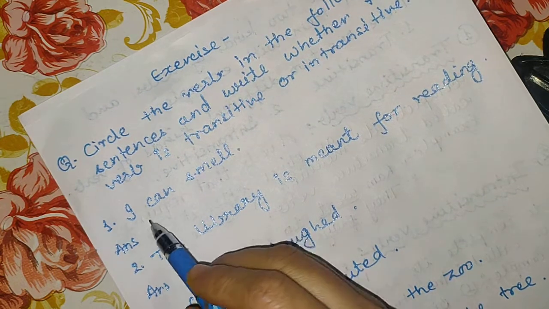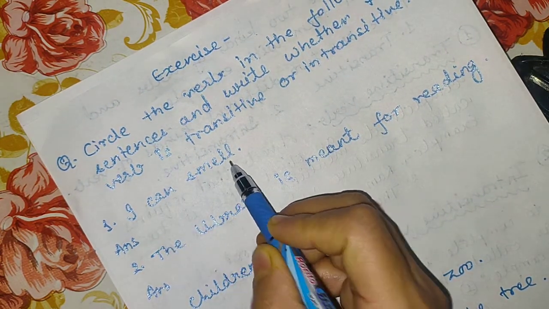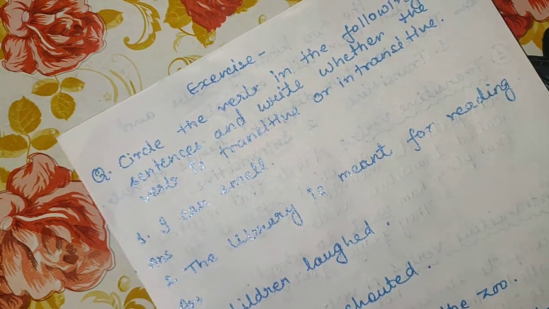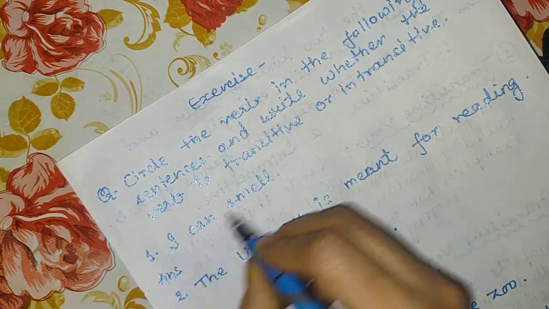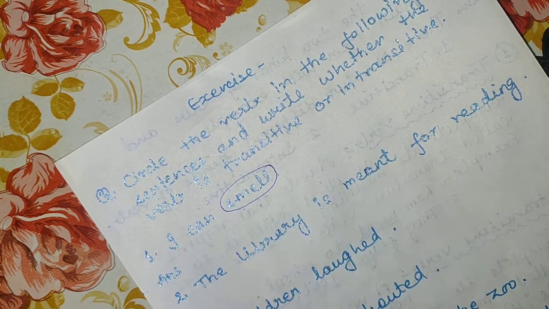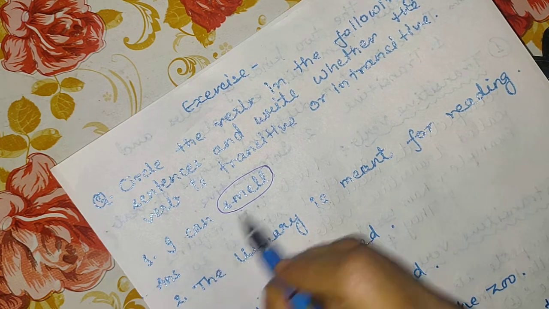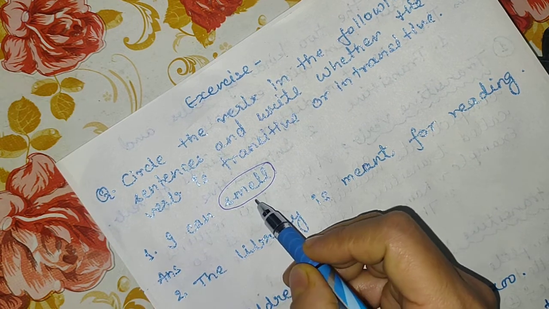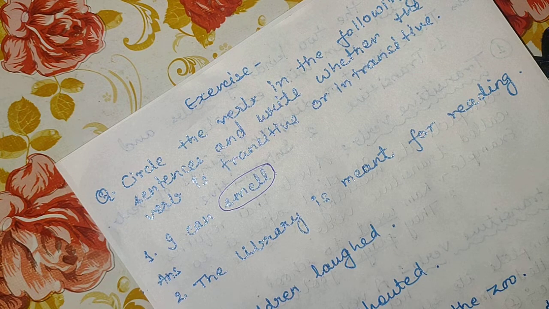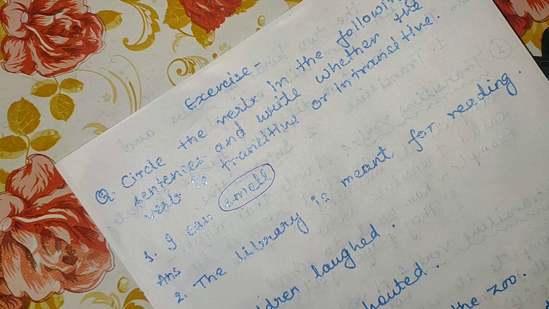In the first sentence: I can smell. So what is the verb here? Can is also a verb, but smell is your verb. You will circle the verb smell. It is an action. I can smell. And what kind of verb is it, whether it is transitive or intransitive? Just see, does it need an object? I can smell.